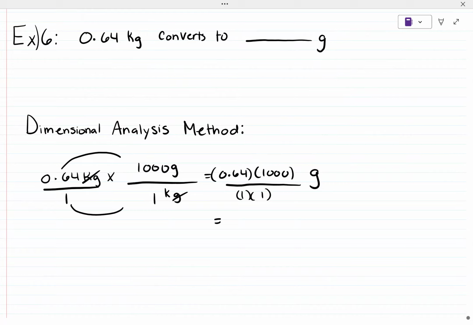That's 640 grams. Yes, you include the zero, because it's wrong if you say 64. So you must include the zero.